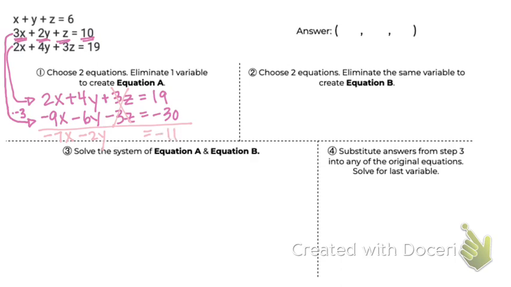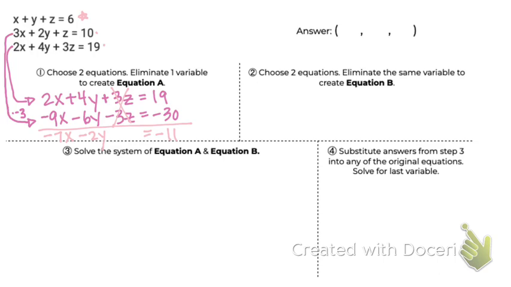So now I have one equation with just an x and a y. Now I need to choose 2 equations, and I need to be sure to use that first equation that I haven't used yet, and then either of these, in order to create another equation that has just x and y. So which one are we going to use?